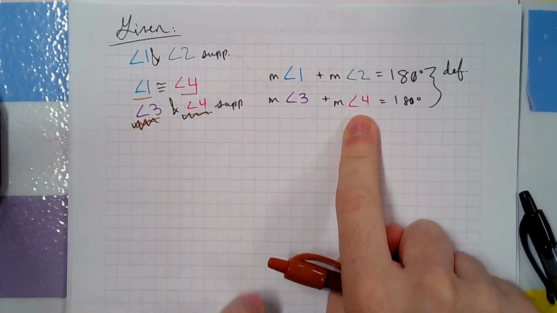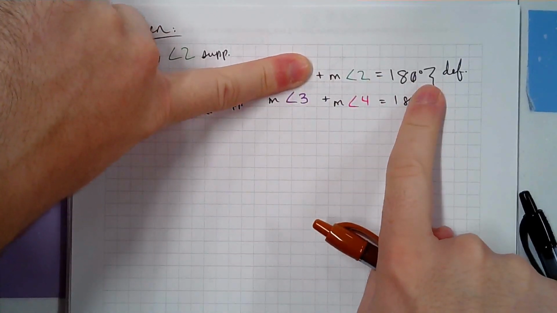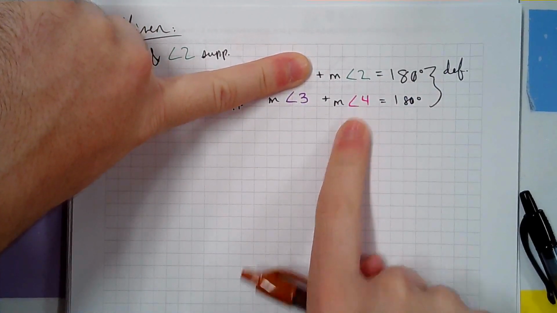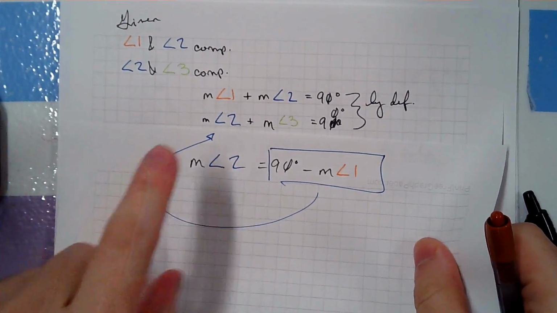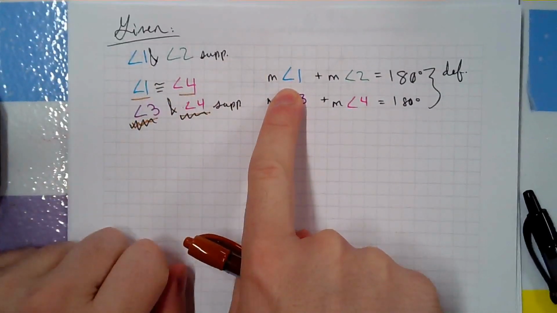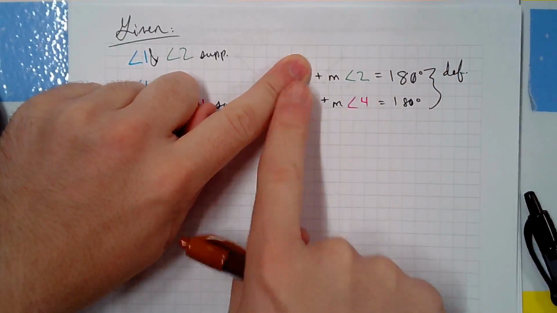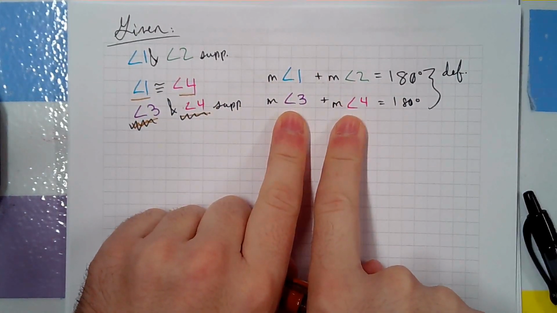So we do the substitution and call that angle 4 right here. We'd have angle 4 plus angle 2 equals 180, and then we could do what we almost did last time. We can rearrange it to get one of those angles on its own and then switch them out. So once that's an angle 4, we move that over. We get angle 4 equals 180 minus angle 2, and then we plug that in for angle 4, and we got 2 and 3 together, right? Which is our goal.